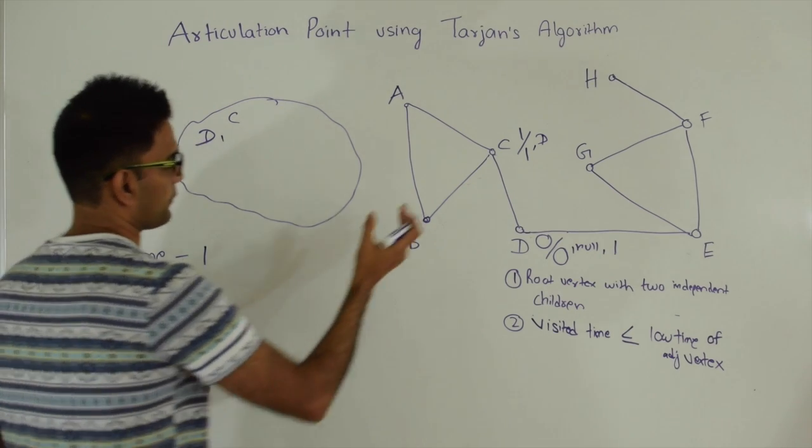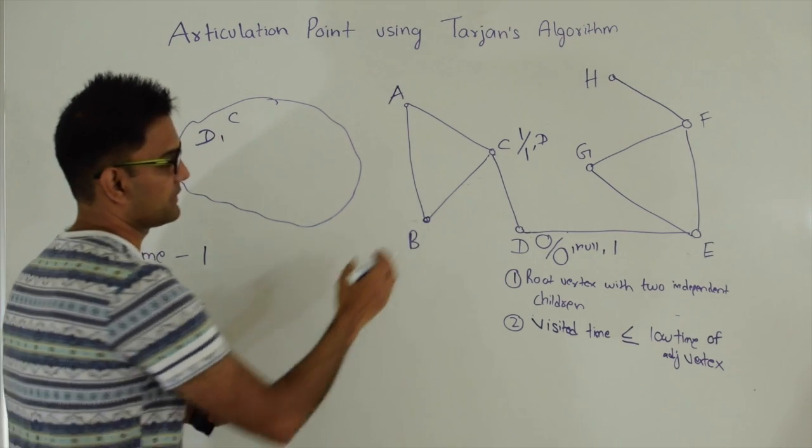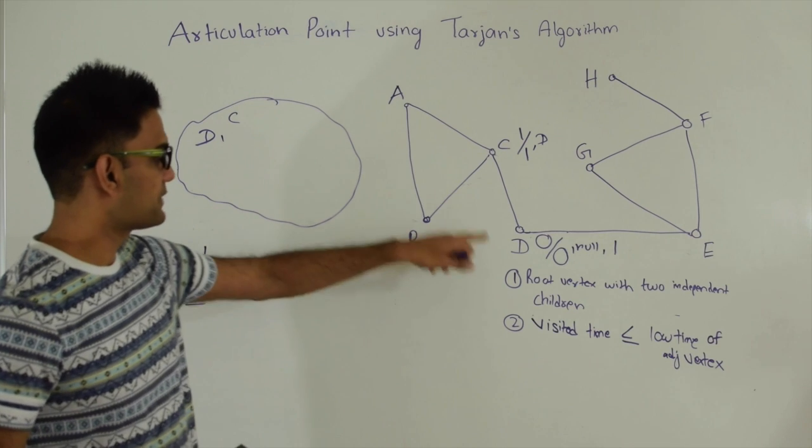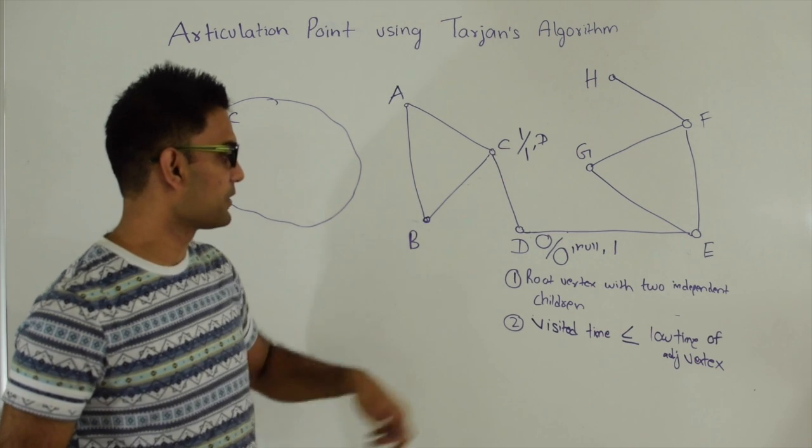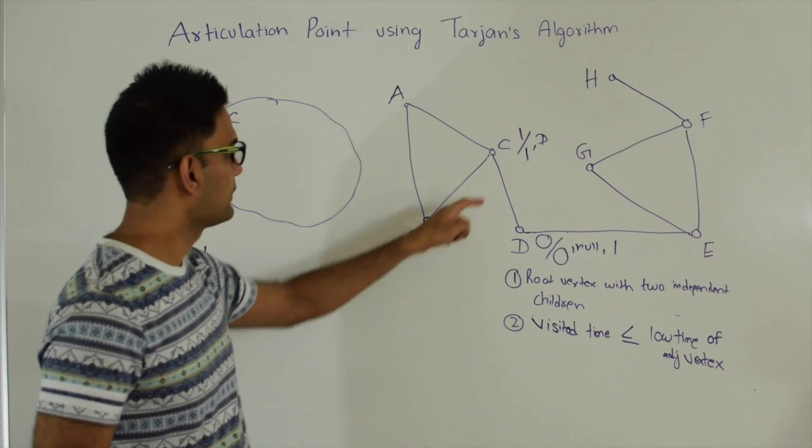Now we'll explore the children of C. The first child is D, but D is where C is coming from, so we'll ignore D altogether.